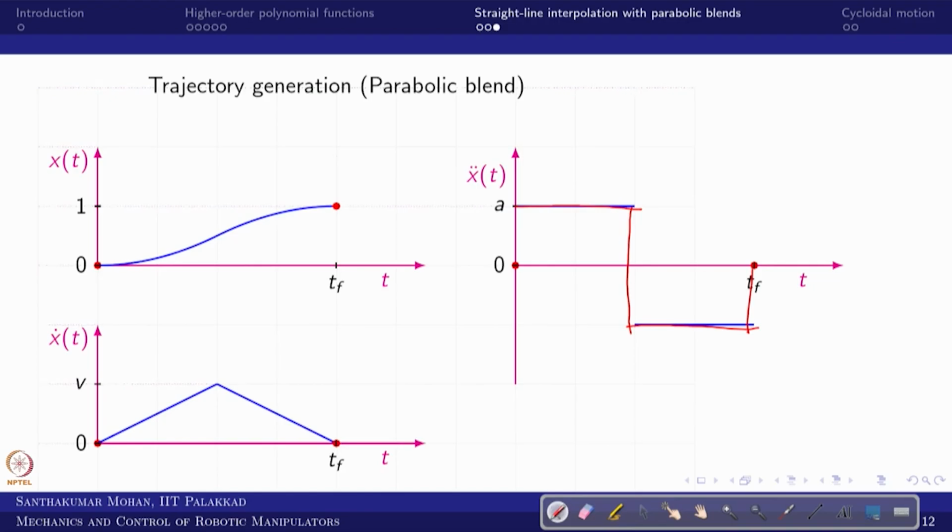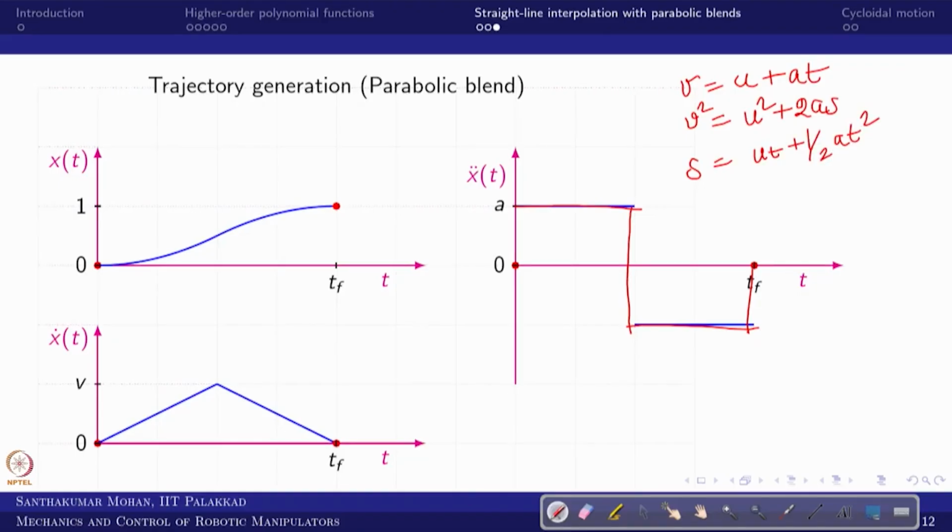So we can use simple equations of motion that we know already. I said that v is u plus at, then v squared is u squared plus 2as. Okay, then s you can write as ut plus half at squared, right?